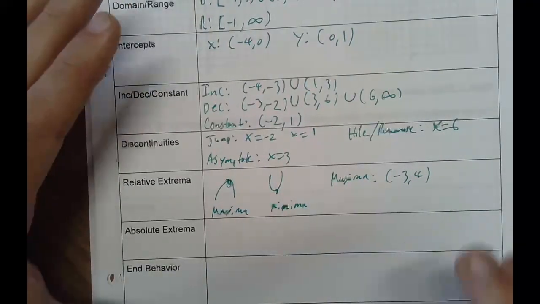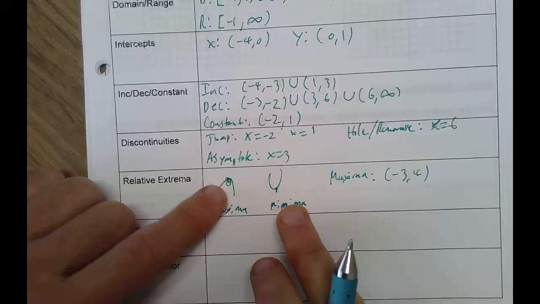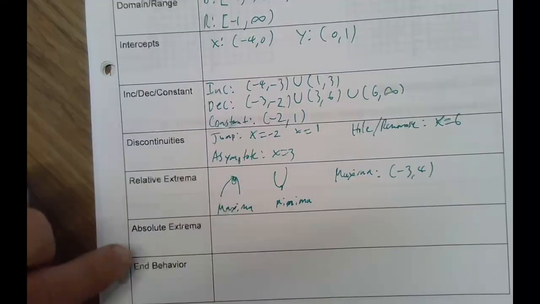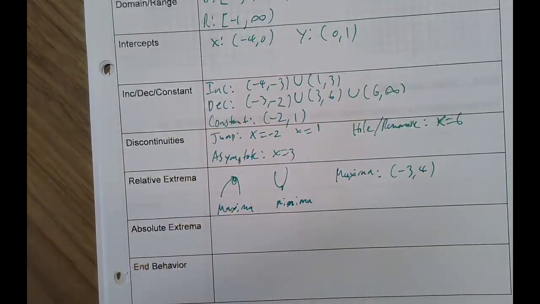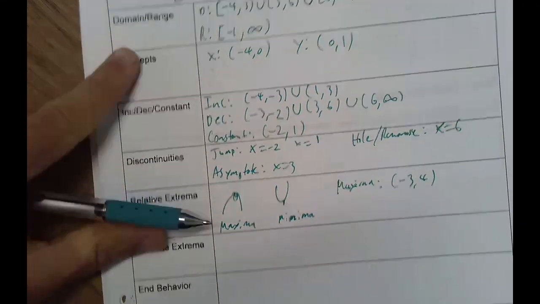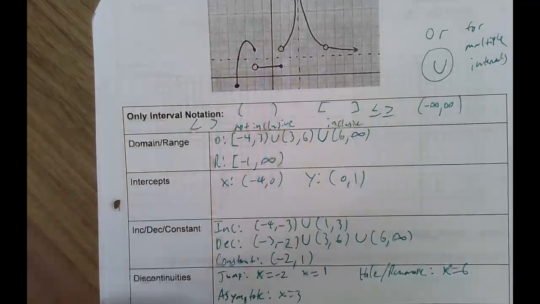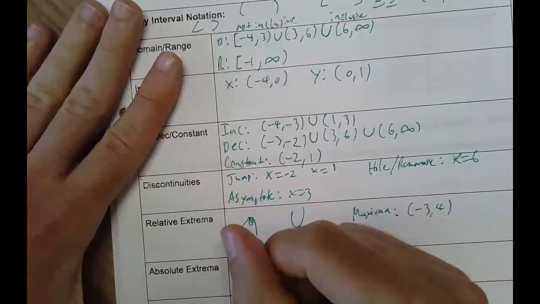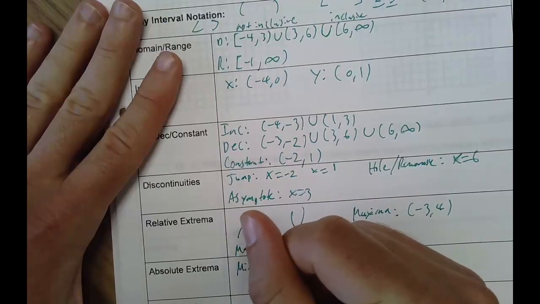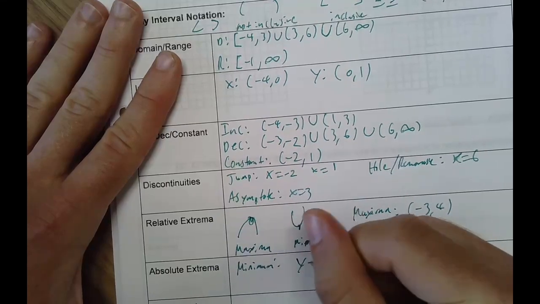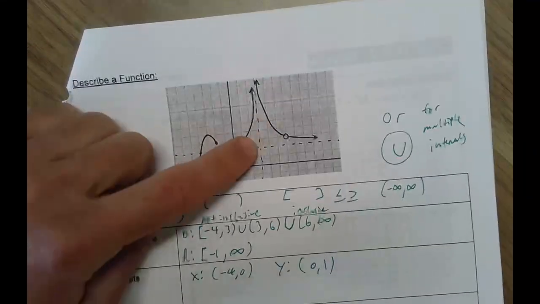Absolute extrema. We don't care about it being a relative extrema as well, it really is just the highest point and the lowest point. Lowest point is y equals -1. We don't get any lower than that, so minimum is y equals -1. The maximum, there is no maximum because we go to infinity.